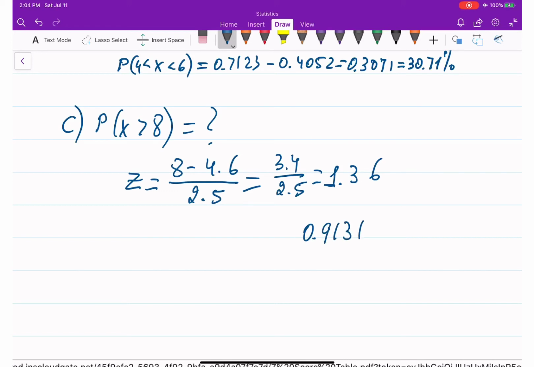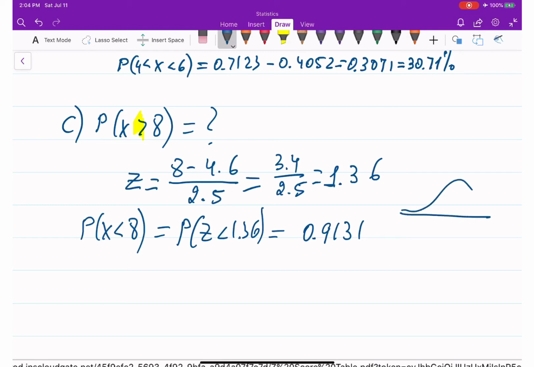That is the probability of z-score less than 1.36, and that is equal to the probability of x less than 8. But we need greater than 8, right? Remember what we have to do? Correct, we need to subtract. This is 1, the entire database here.